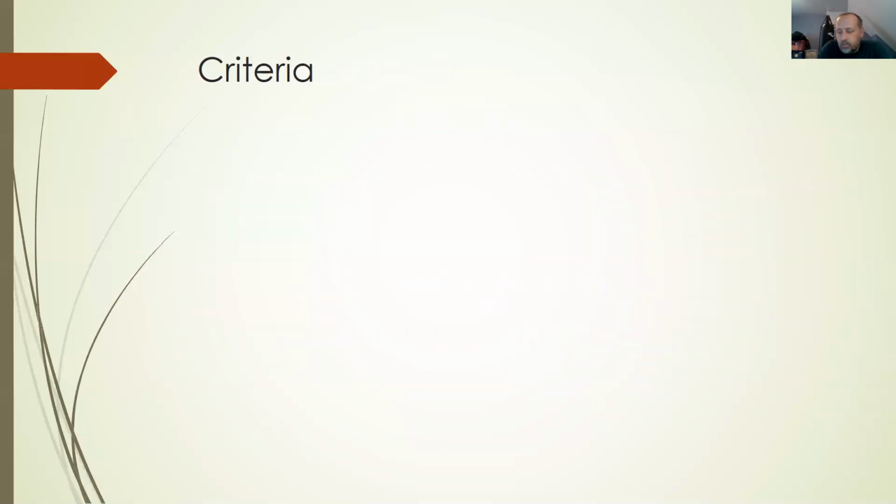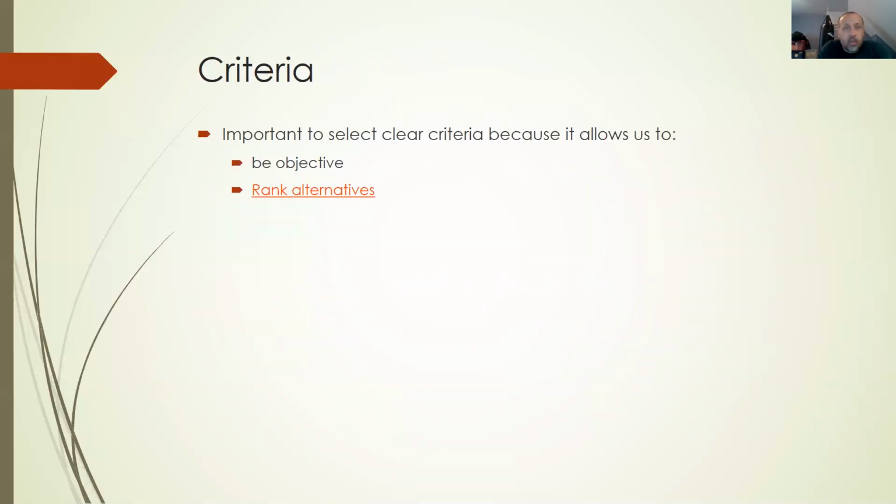Okay, let's talk about some specific criteria. Here's why we select criteria. And the key part of this is we are going to select criteria before we do the analysis.